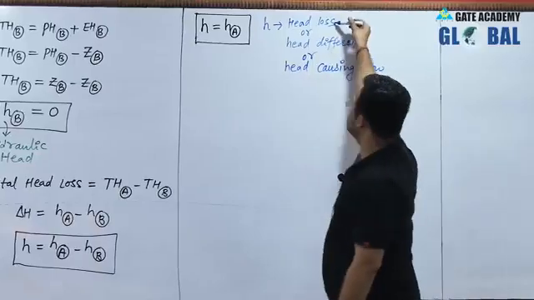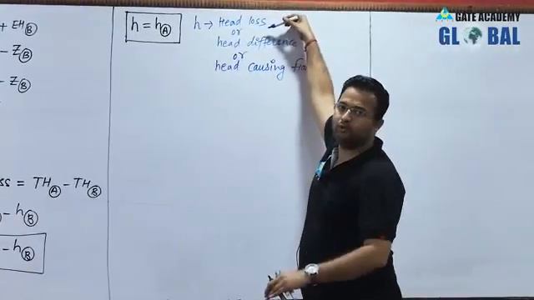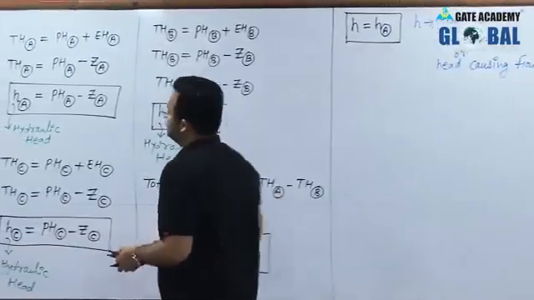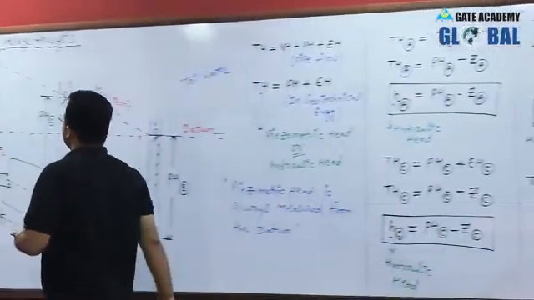Why head loss? Because total head A minus total head B, so head loss. Head difference, there is a difference in head equal to H.